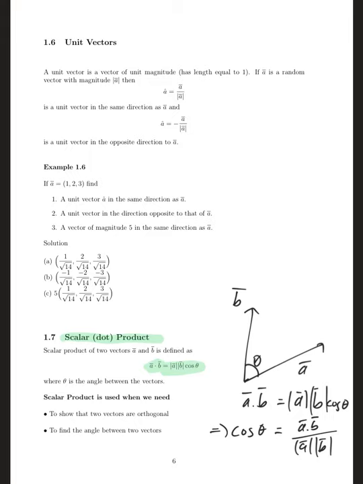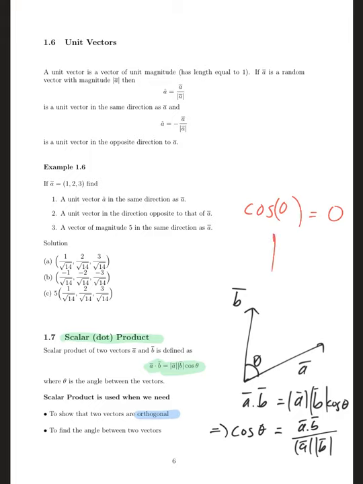We might also want to just show that two vectors are orthogonal. Orthogonal means at right angles to each other. So orthogonal vectors have a dot product of 0, because of course cosine of 90 degrees is equal to 0.